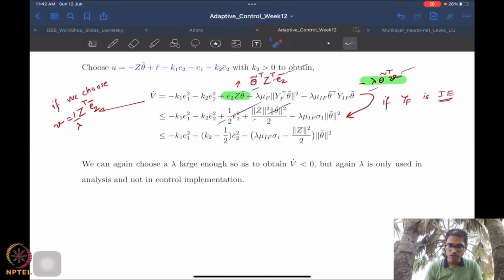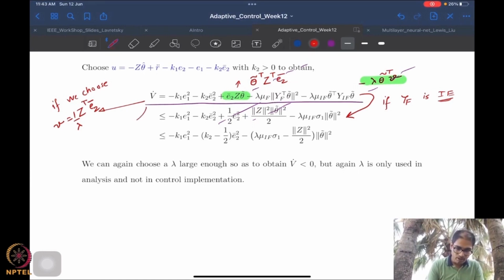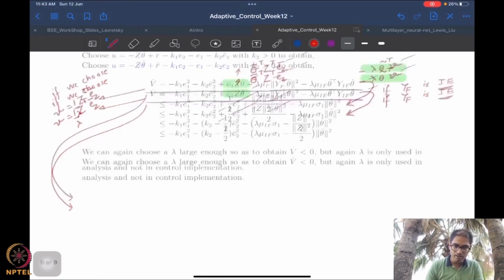Essentially, I am able to choose a V such that I can cancel these two terms. And once I cancel these two terms, I have no more mixed terms. So this term is not there. This is also missing. So beyond this point, my V dot becomes different, right?